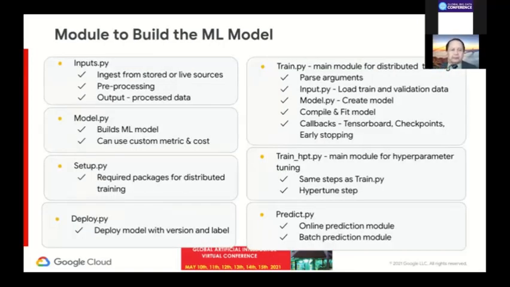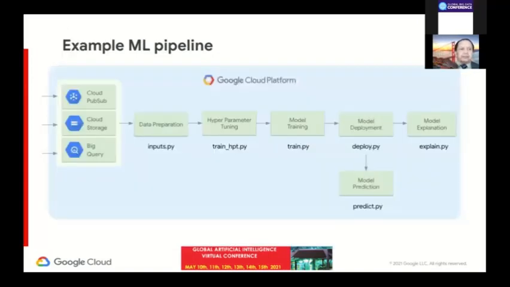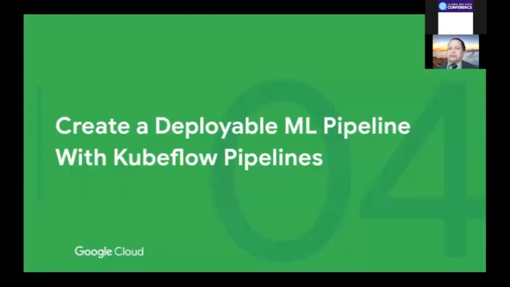And further deeper dive into each of these modules as Python modules we'll build so that we can deploy them in the Kubeflow pipeline. So once again, going back to all the different Python modules, you have the input, hyperparameter tuning, training, deploy, explain, and predict.